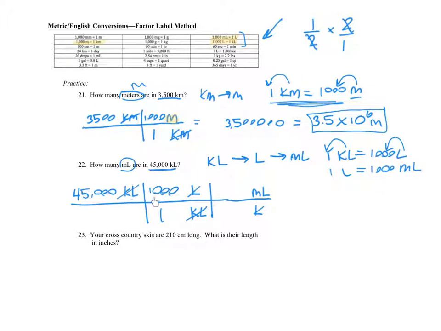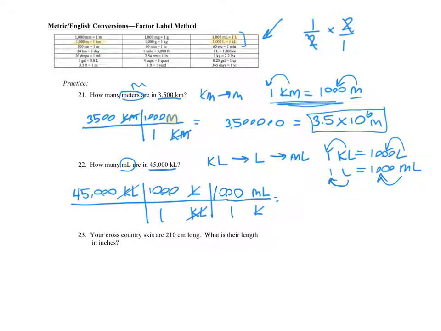Look, crossed out, crossed out, crossed out, crossed out. The only thing not crossed out is milliliters, and that's what I've been asked to solve for, so I know I'm on the right track. Again, the numbers and the units have to match, so the 1 is with the liters, 1,000 is with the milliliters, so that's why it's on top. The number that you're multiplying doesn't always go on top. It has to pair, it has to be with the right unit.